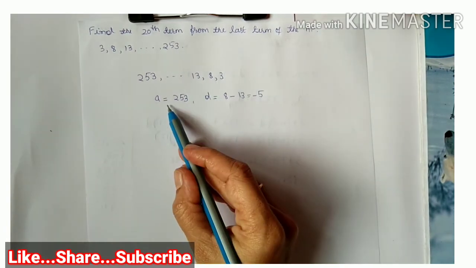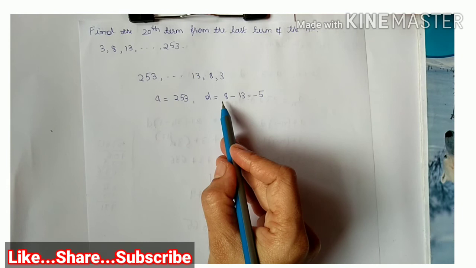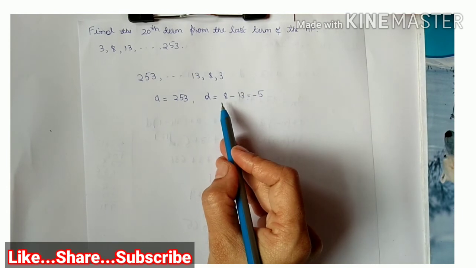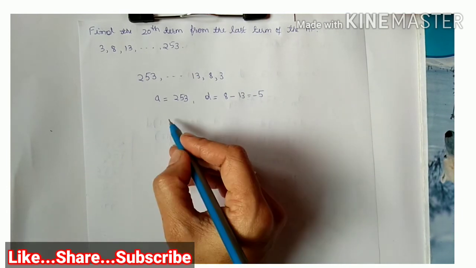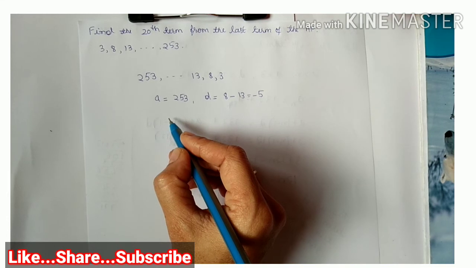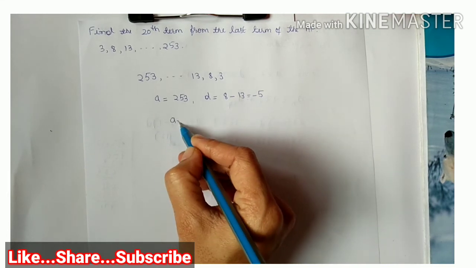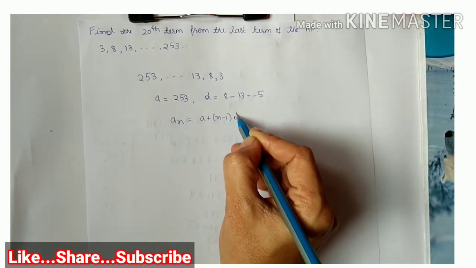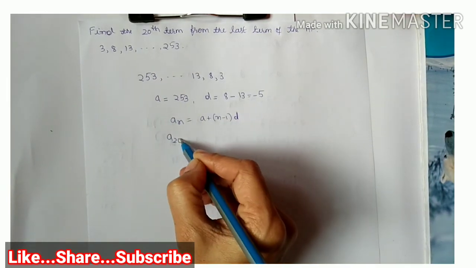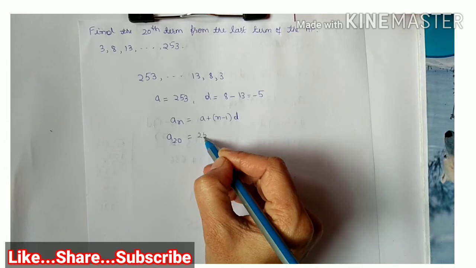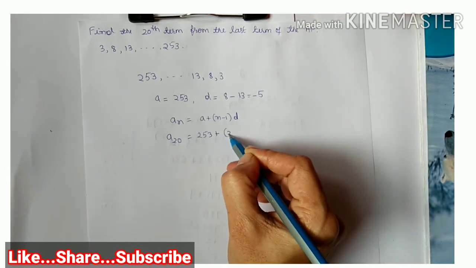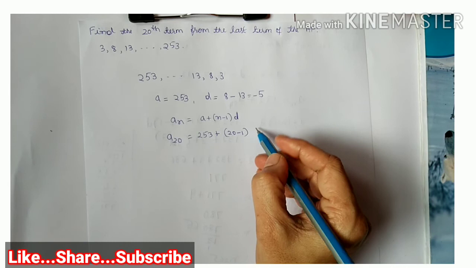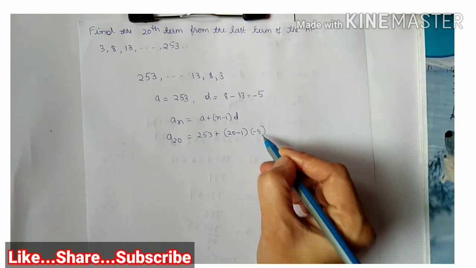With this first term and common difference, we can find the 20th term from the last term of the AP. We know the nth term of an AP, an, is equal to a plus n minus 1 into d. The 20th term, a20, is 253 plus 20 minus 1 into d, minus 5.